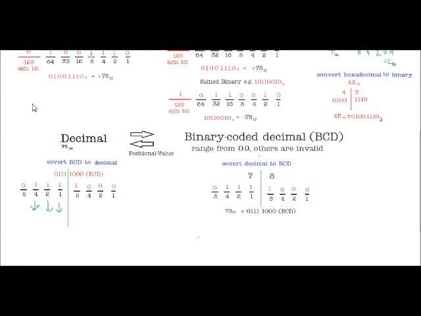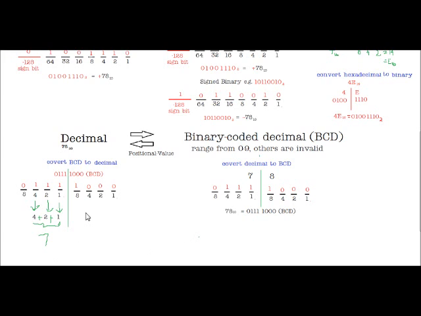So we bring 4, 2, and 1 down. All right, and then we add them together to get a decimal 7.